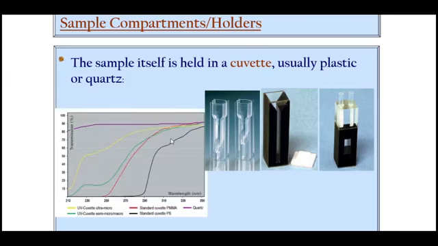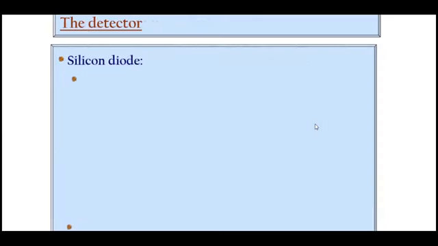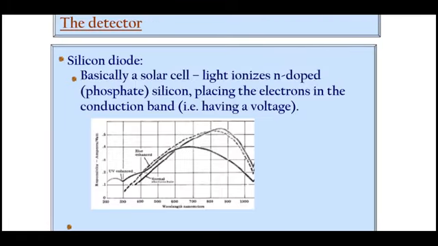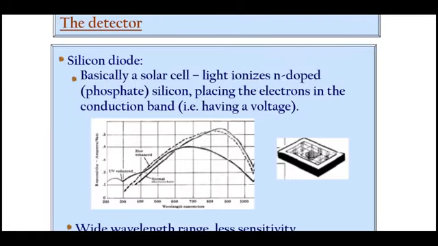The sample compartment is another component of the spectrophotometer. The sample itself is held in the cuvette, usually plastic or quartz, like this.